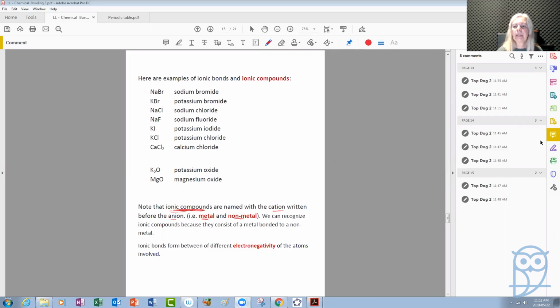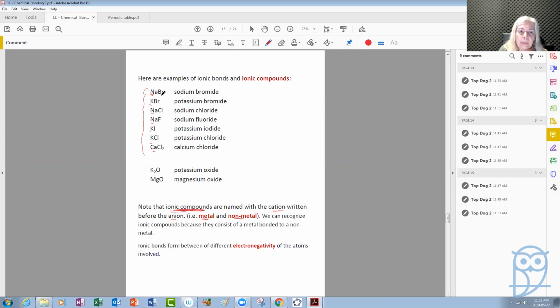Now let us see some examples of ionic compounds. As you can see in these examples here, the first parts are all metals. They're metals from the first and the second group in the periodic table, in other words, from the alkali metals and the alkaline earth metals, like calcium, for example.